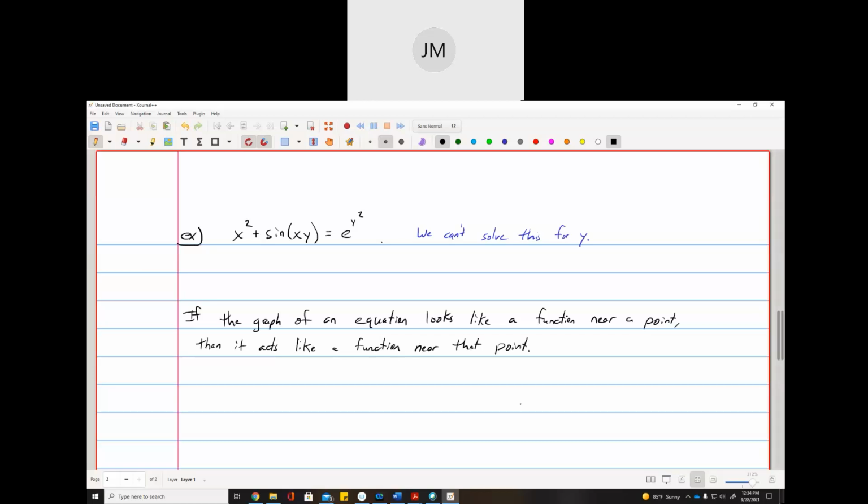Okay, now we still have the same limitations. I can draw a regular explicit function that doesn't have derivatives at certain points, and the same would be true here. But as long as it doesn't have sharp corners or vertical tangent lines and looks like a function, then it will have a derivative.